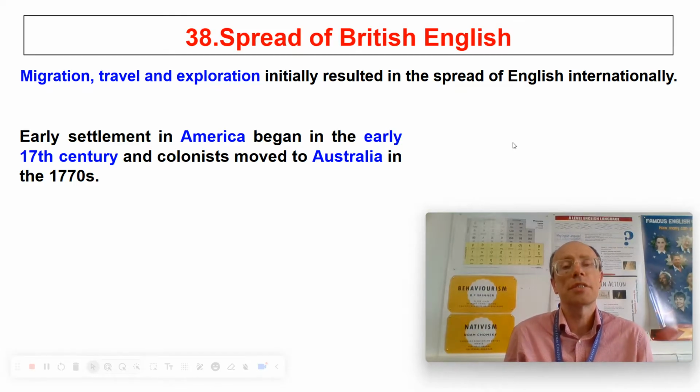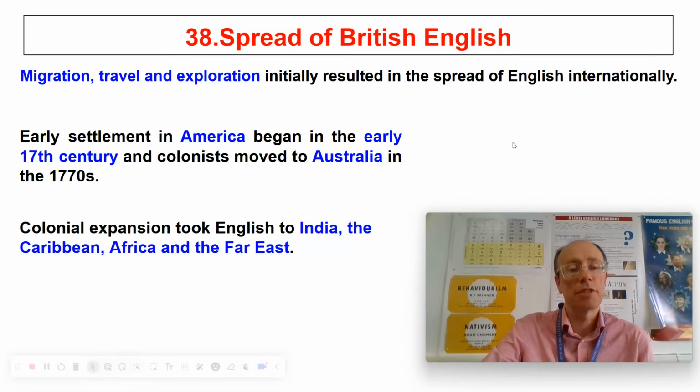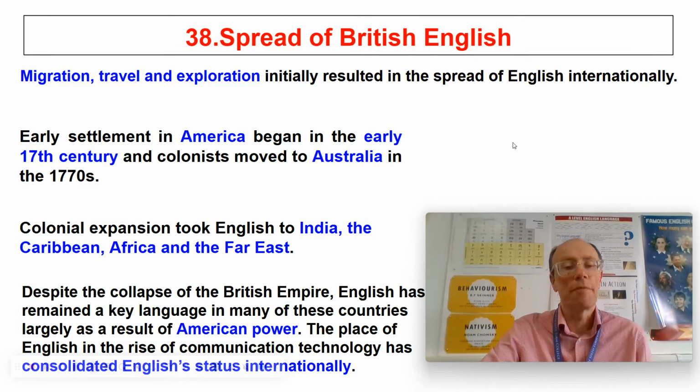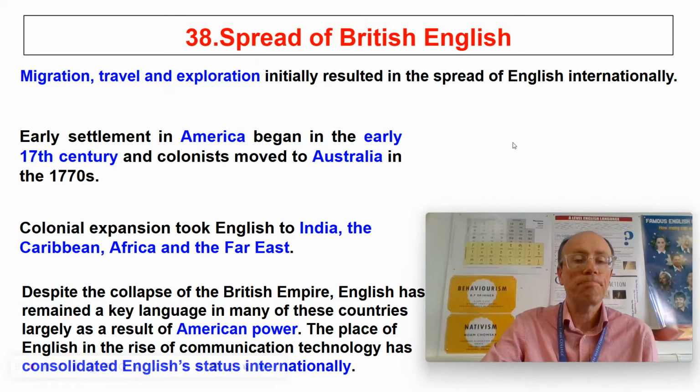Early settlements in America began in the early 17th century. And if you think of, say, Australia, you've got your European colonists moving there in the 1770s. You've got colonialism, of course, and the spread of the British Empire. So this took English to places like India, the Caribbean, Africa, and the Far East.